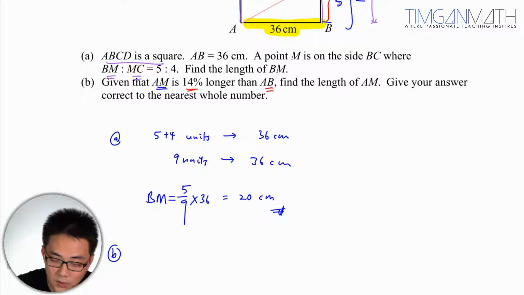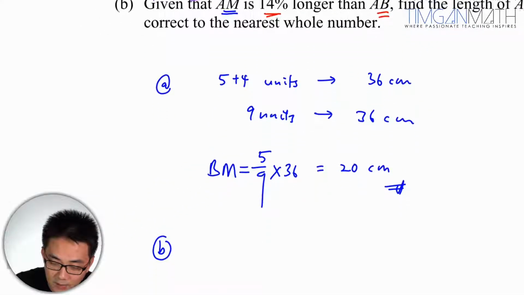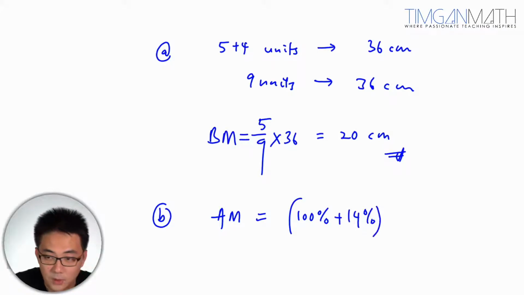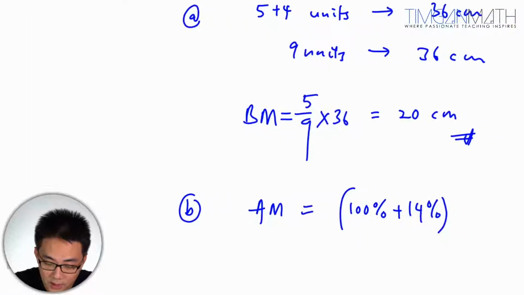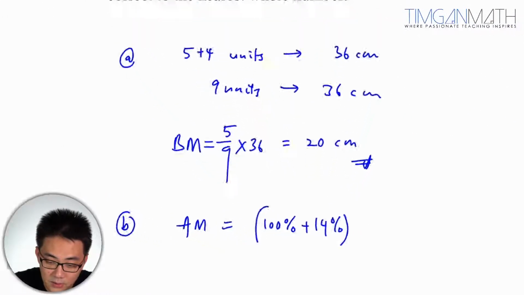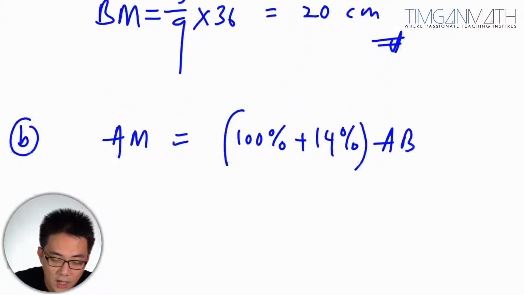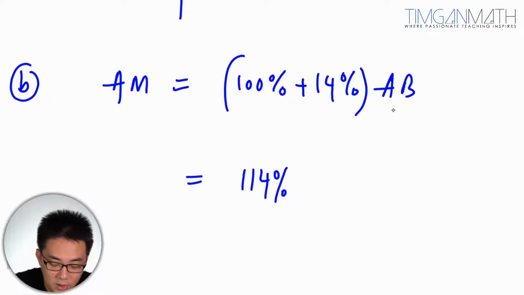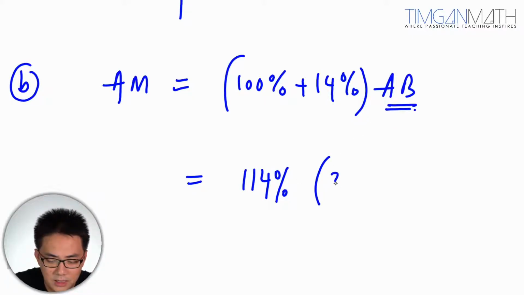If it's 14% longer than AB, in other words, AM is equal to 100% plus another 14% of AB. As usual, I suggest changing this to a decimal instead of a percentage. AB here will be 36 cm.